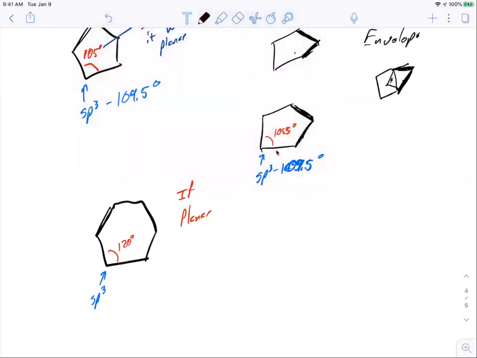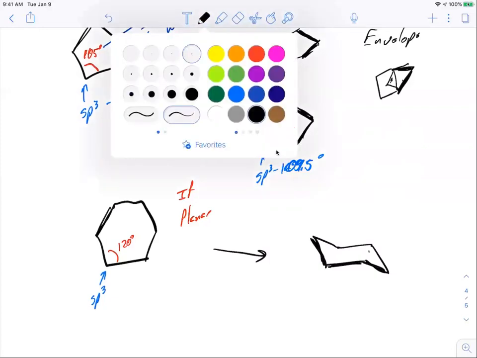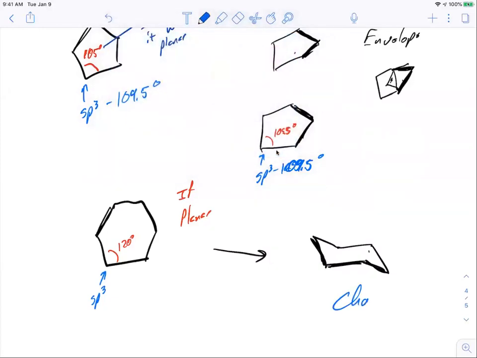So what happens here is the conformation is this. It forms a chair conformation.